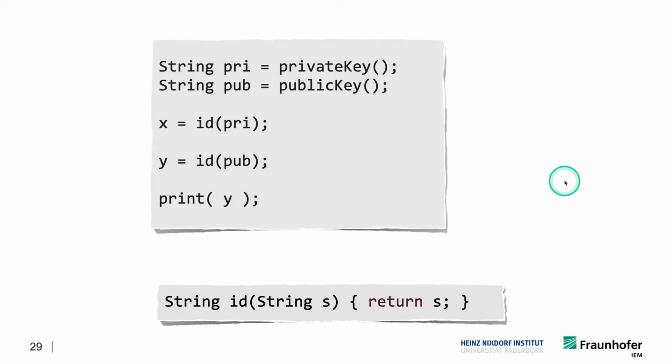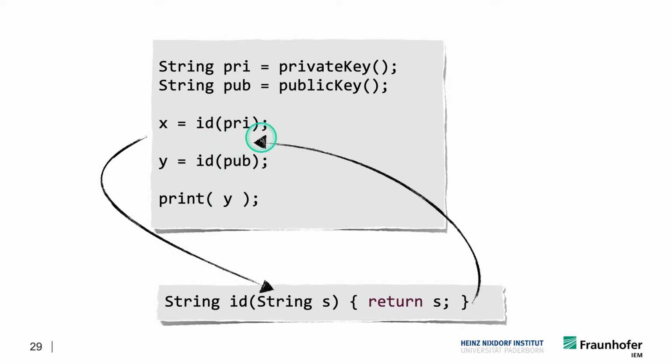Then the other thing, of course, is context sensitivity, right? So here I'm assigning a private and a public key value, and eventually you will see that the public one is being printed here. But if we don't have a context sensitive analysis, then you know that this will be over approximated, right?